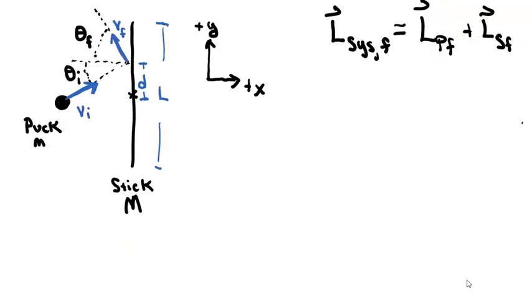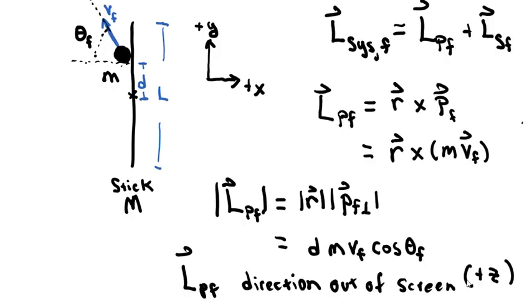We now focus on the final total system angular momentum, which is the sum of the final total angular momenta of the stick and the puck. We visualize this at the instant just after the collision, as shown here, and choose again the same axis location, the stick's center of mass prior to the collision. We compute the total final angular momentum of the puck the same way we did with the initial.